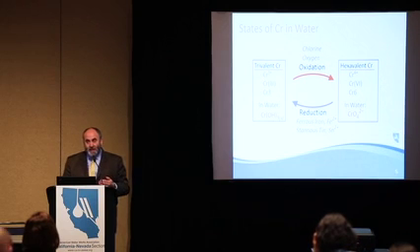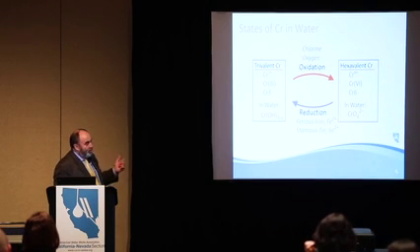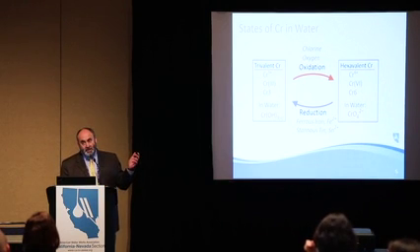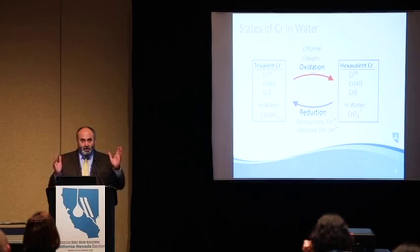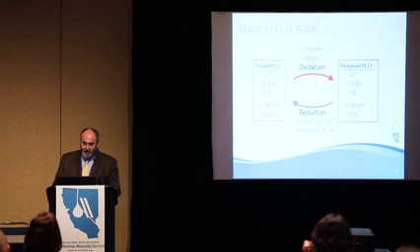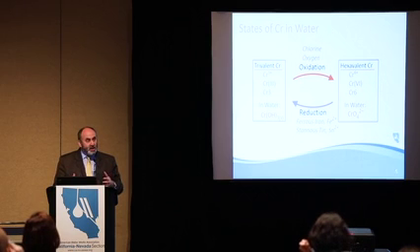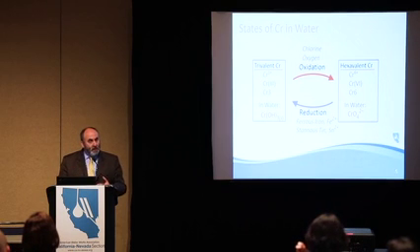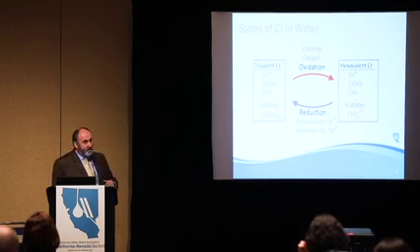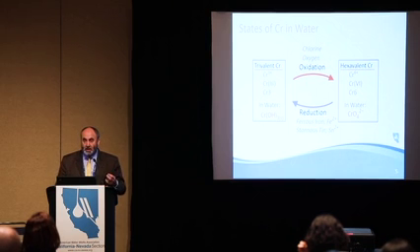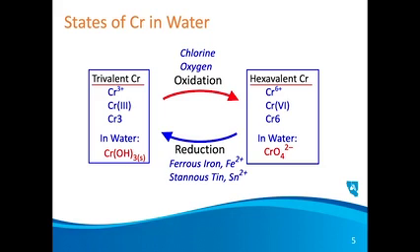And, you know, we see them expressed in different ways. So I have it up here. Chrome 3 you see expressed as Cr3+, Cr Roman numeral 3, Cr3 the number. But in water, because it is highly insoluble, when you have Chrome 3, you pretty much have Cr(OH)3 as a solid material that precipitates. And on the right is the hexavalent chromium.